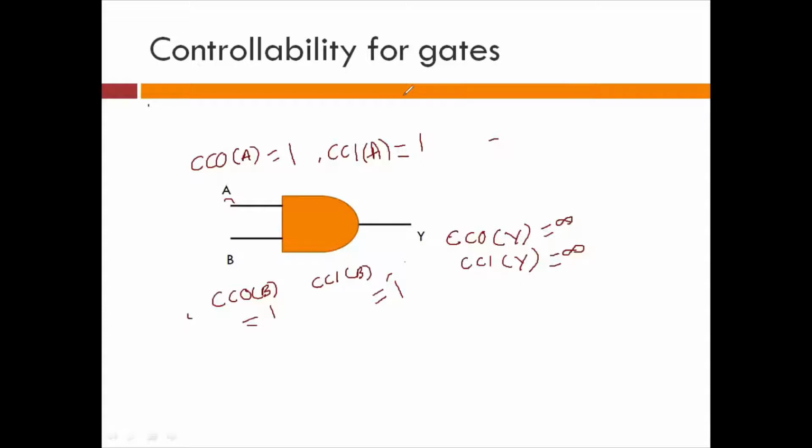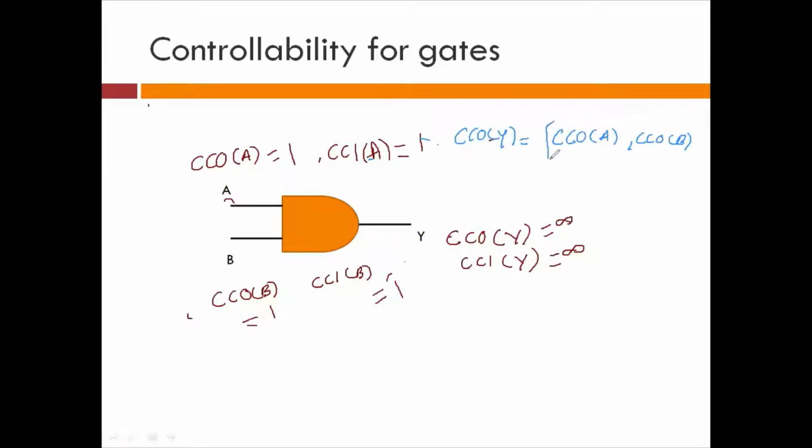So I'll take a different color to indicate this. The condition for CC0 at point Y is that either I should have CC0 at A or I should have CC0 at input B. Any one input should be 0.